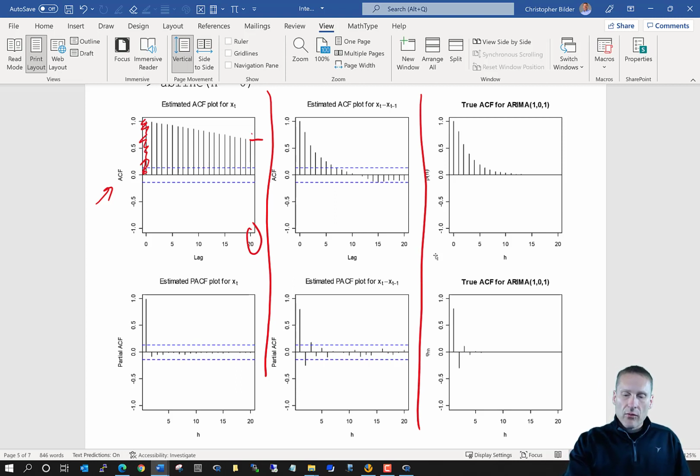Note that for the first partial autocorrelation, we have a relatively large value. We would expect that because we have one AR parameter. Then, one way to interpret the remaining part of the partial autocorrelation function is that everything is starting to tail off to 0.